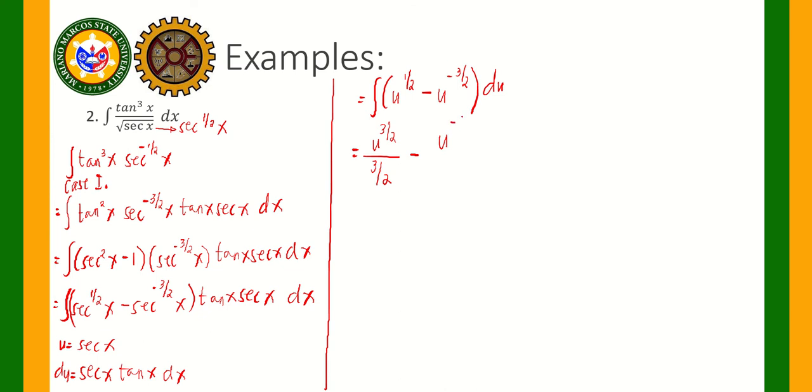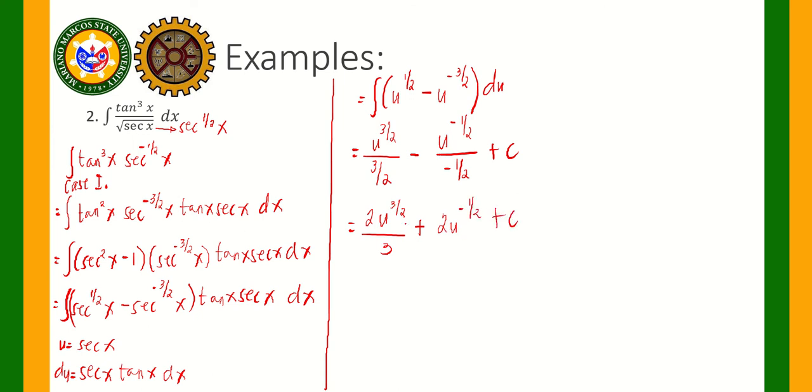That is negative 1/2 all over negative 1/2 and then si plus c natin. So simplifying further, this will be equal to 2u raised to 3 over 2 over 3. And then since negative to, gawin nating positive. And then that will be equal to 2u raised to negative 1/2 plus c.